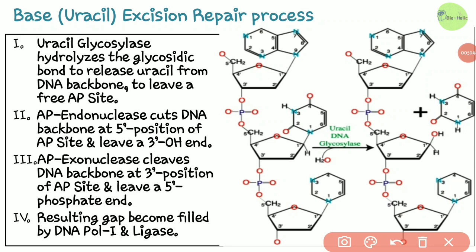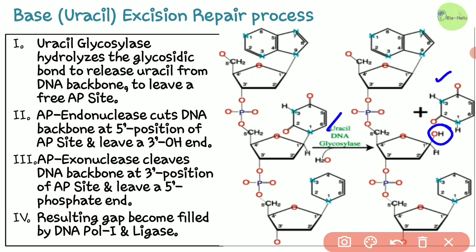So in case of the uracil excision repair process, uracil glycosylase hydrolyzes the glycosidic bond to release the uracil from the DNA backbone to leave a free AP site. So this is the uracil base and this is the free AP site. That means this sugar contains no base with it. Now the AP endonuclease cuts the DNA backbone at the 5' position of the AP site.